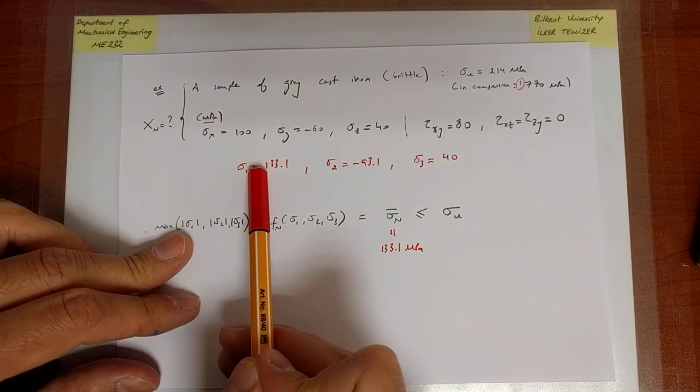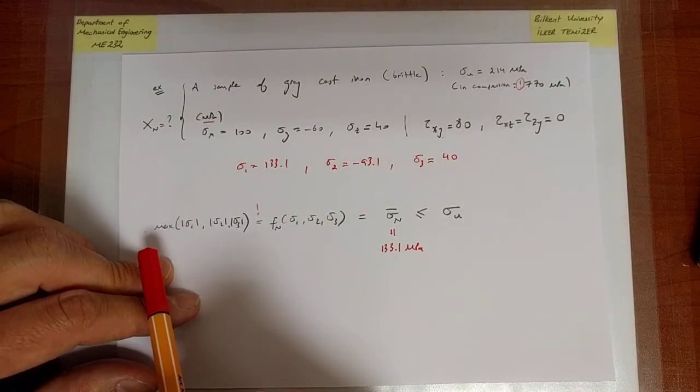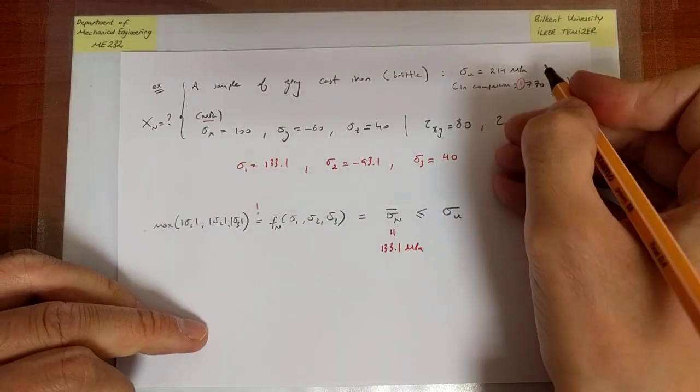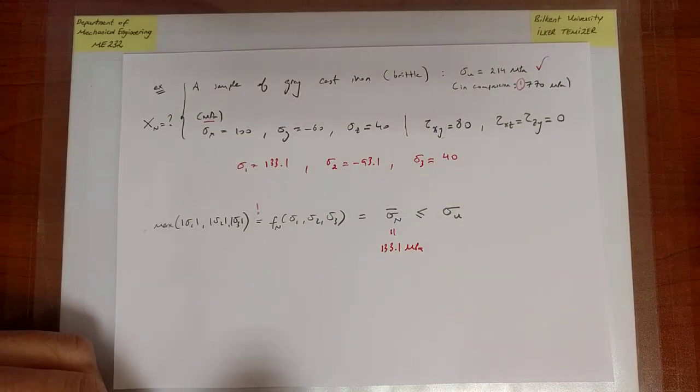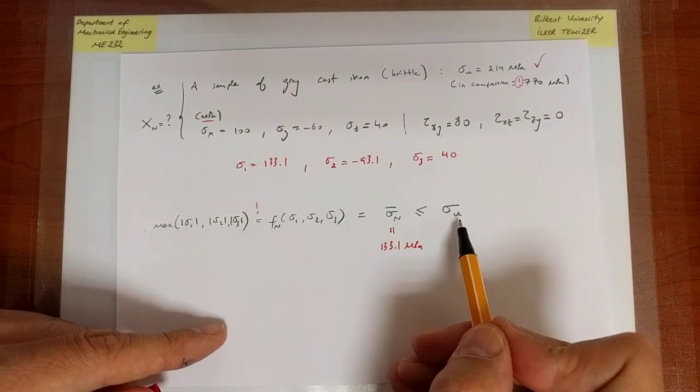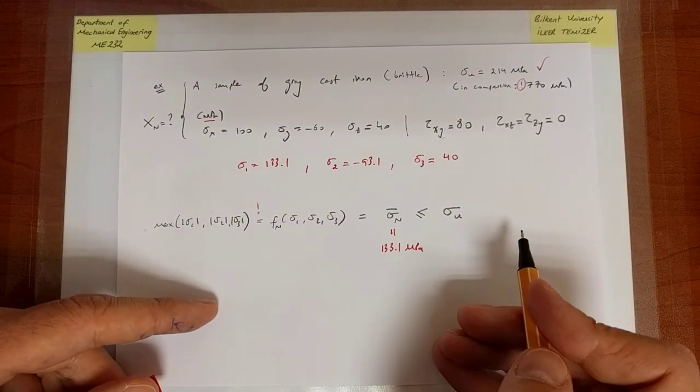But because sigma 1 is negative, it wouldn't have been tension dominated, it would have been compression dominated. But it is tension dominated, so my concern is checked. There is no problem. It's a tension dominated scenario. I can compare it against sigma u. Notice that it lies in a region less than sigma u, so I'm safe.